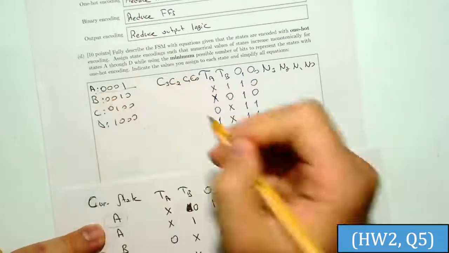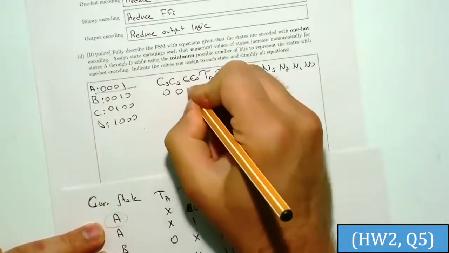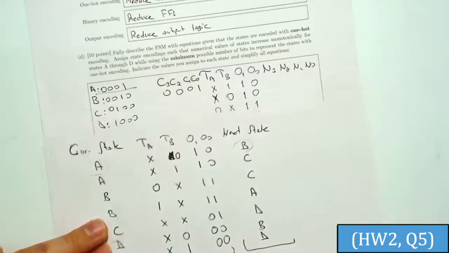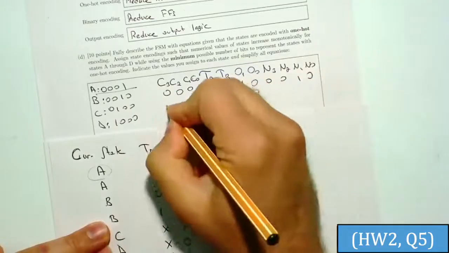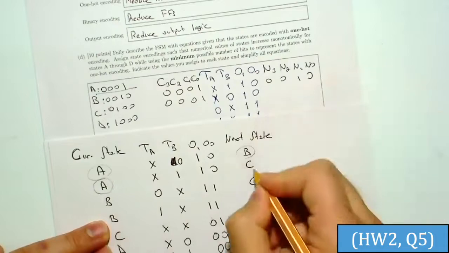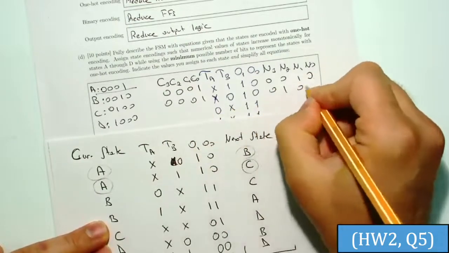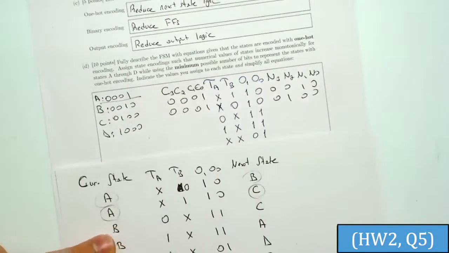If you remember, those two rows are A, A. So I'm going to write the way that I represent A here, which is this. The next state was B, and I represent B as follows. Again A, because I have A here, and the next state for this one will be C. I think you got the rest.